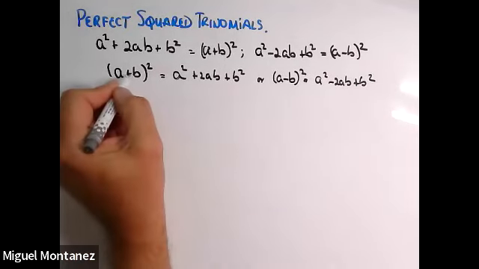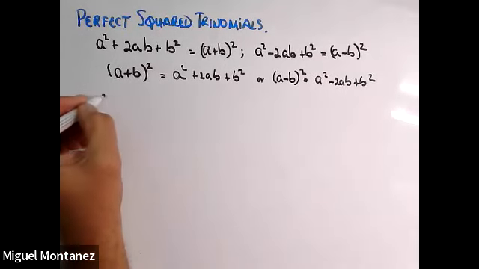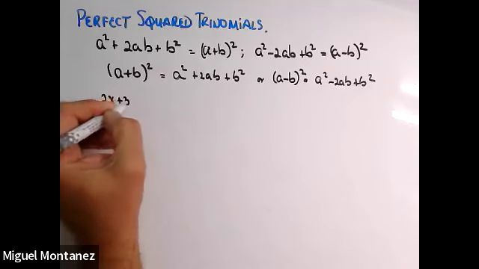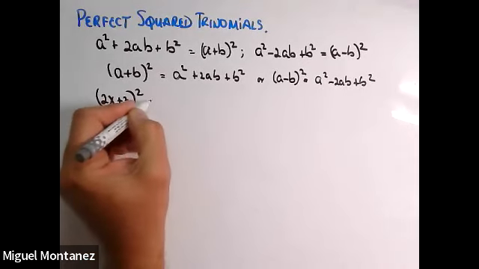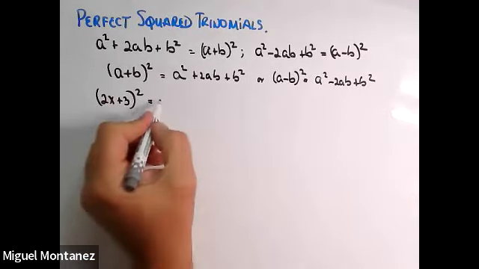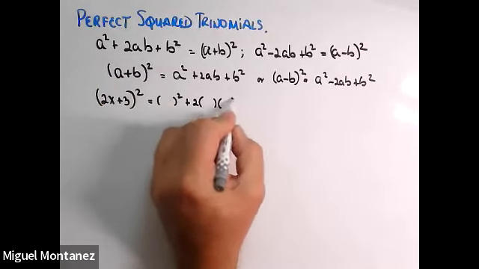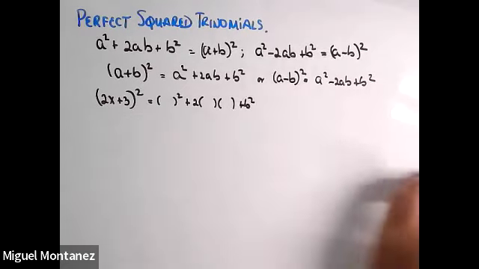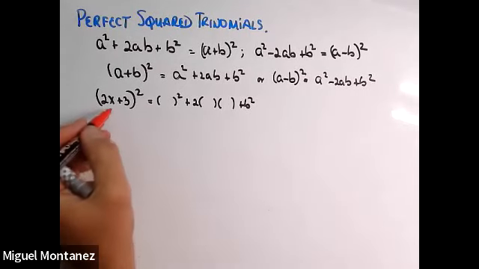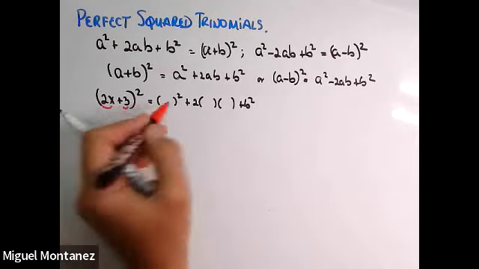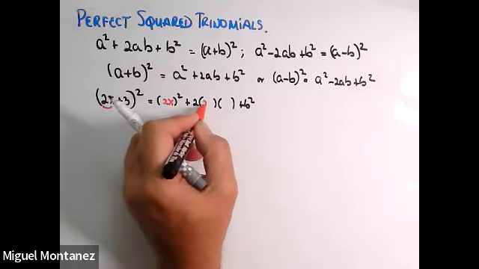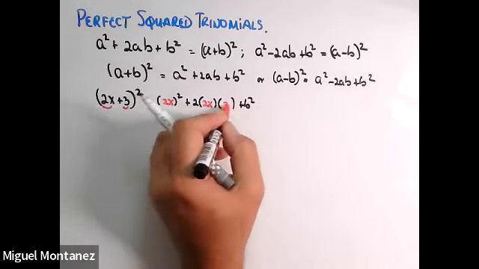If I ask you to expand (2x plus 3) squared, I already know it follows this pattern: a squared plus 2ab plus b squared. In this case, a is 2x and b is 3.